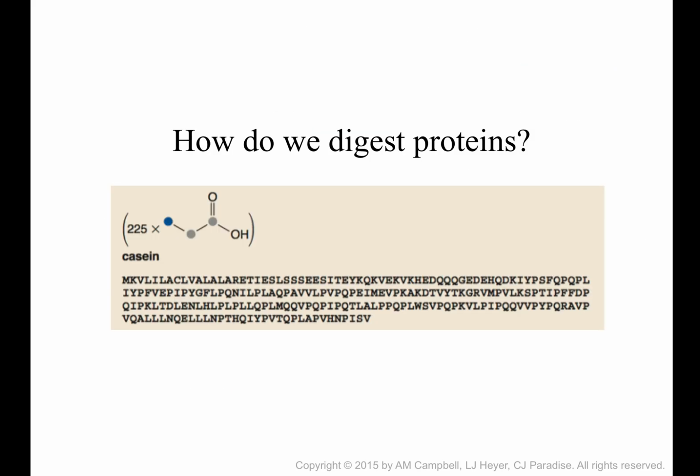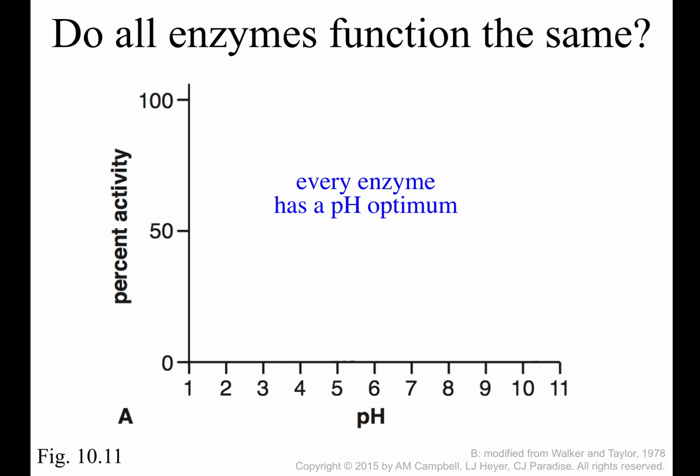Okay, how about proteins? Proteins are broken down by enzymes. Enzymes are going to attack the peptide bond between amino acids in proteins, and enzymes have different characteristics.